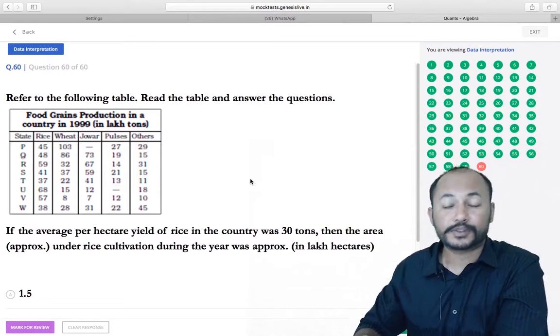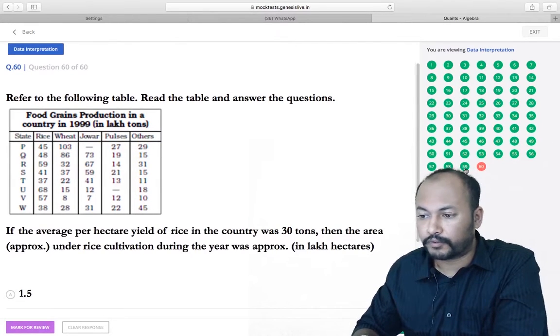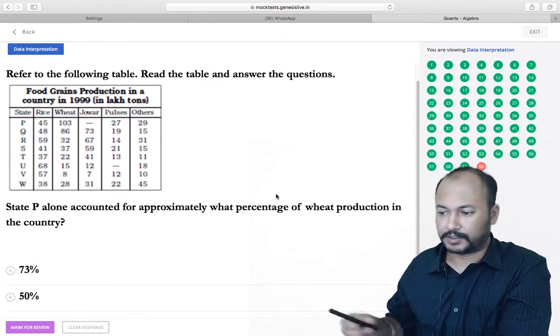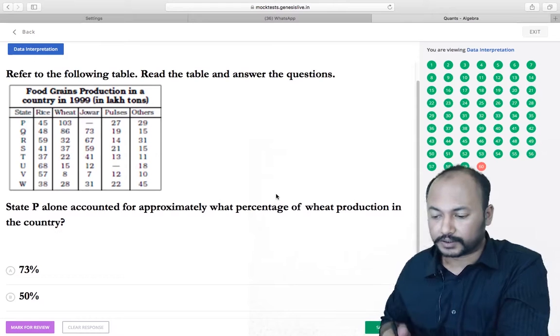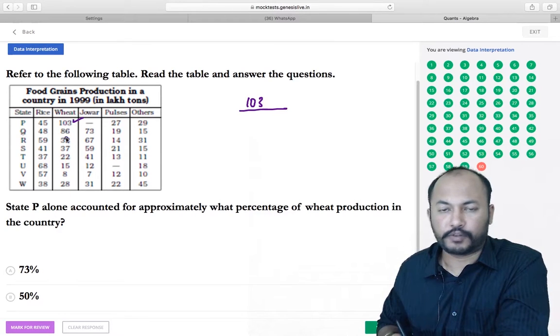Okay, the last question. Guys, sorry if you felt bad for me not doing this. Anyways, let me do it in case you have not understood what I have done. What they're asking is, P alone accounted for approximately what percentage of wheat production in the country? 103 divided by the sum of it.